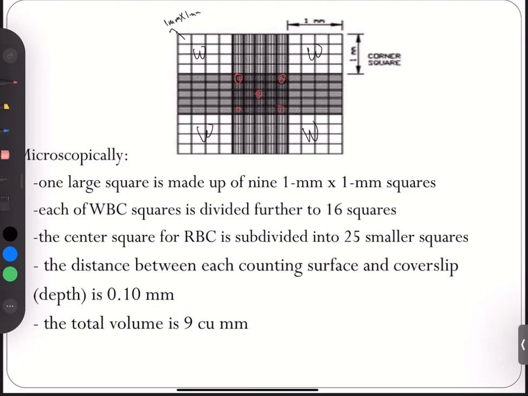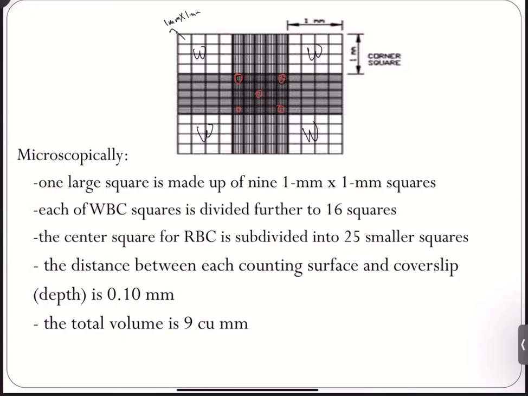Those areas you will use for RBC and platelet counting. The depth is 0.10 millimeter, the depth between the cover slip and the counting chamber.